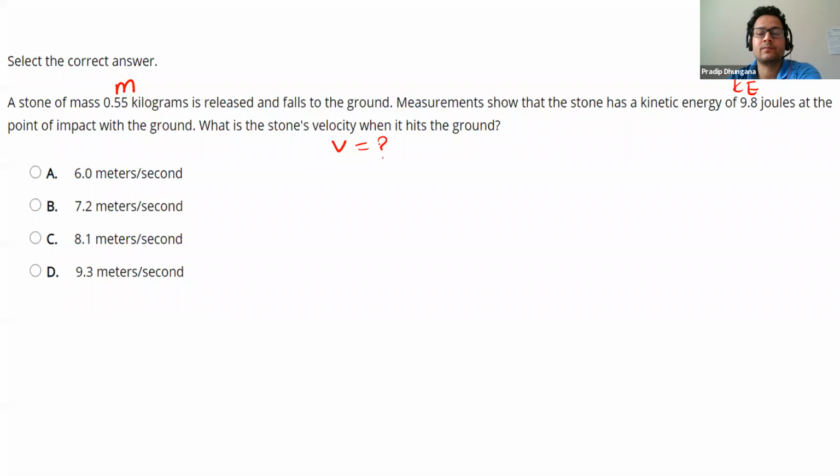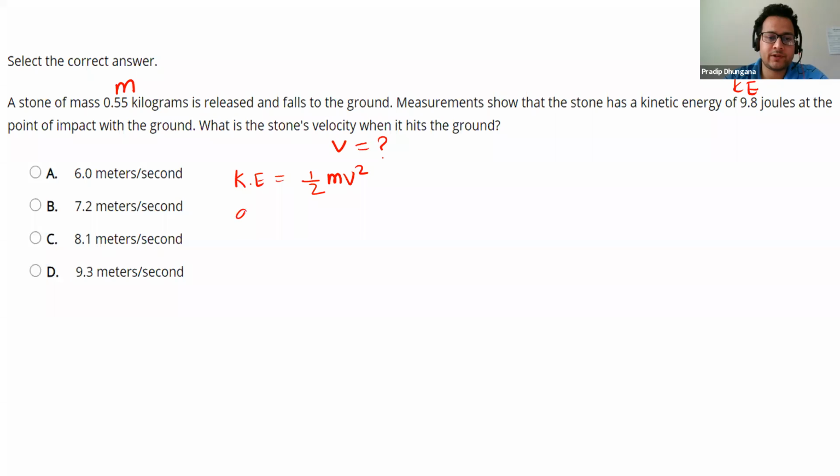We can use the formula of kinetic energy to calculate velocity. Kinetic energy is 1/2 mass times velocity squared. We know kinetic energy and mass, so we can substitute those values and calculate velocity.